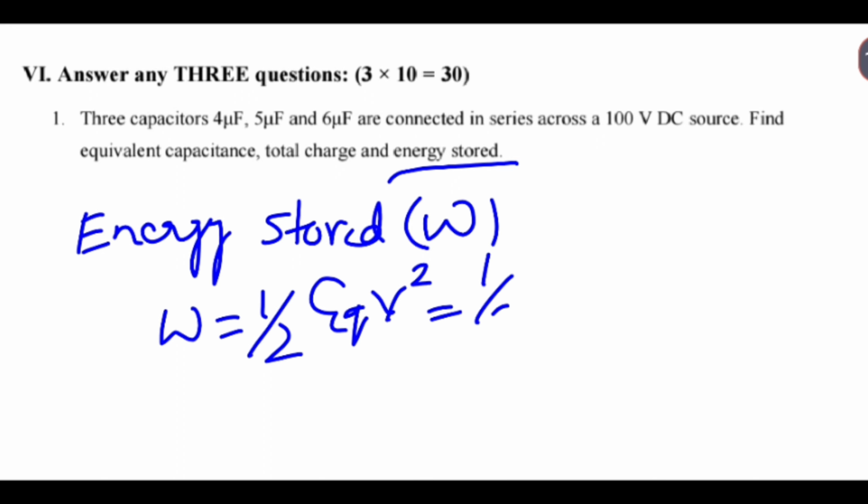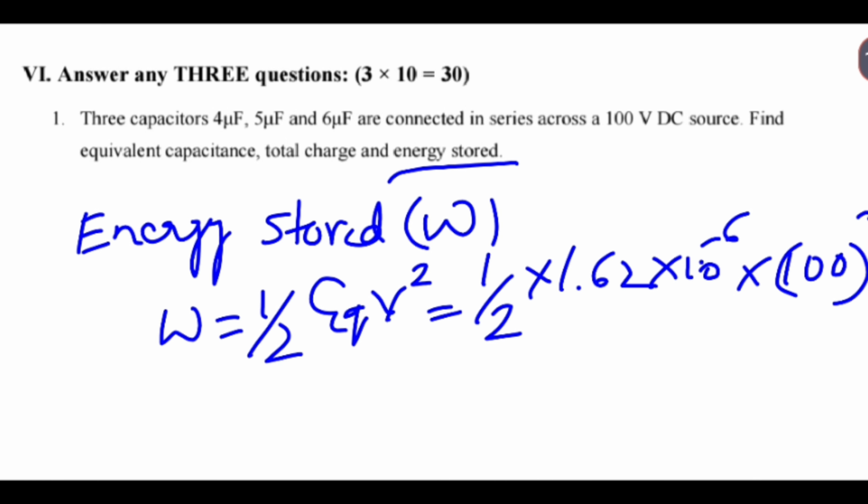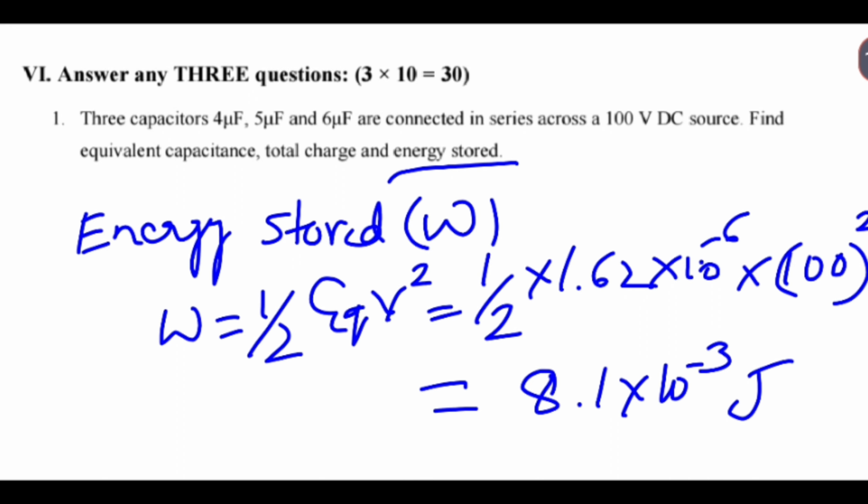Substitute here: 1 by 2, 1.62 into 10 raised to minus 6, into 100 square. You will get the final answer as 8.1 into 10 raised to minus 3 joule. Also you can write it in decimal form as 0.0081 joule. This will be the answer.